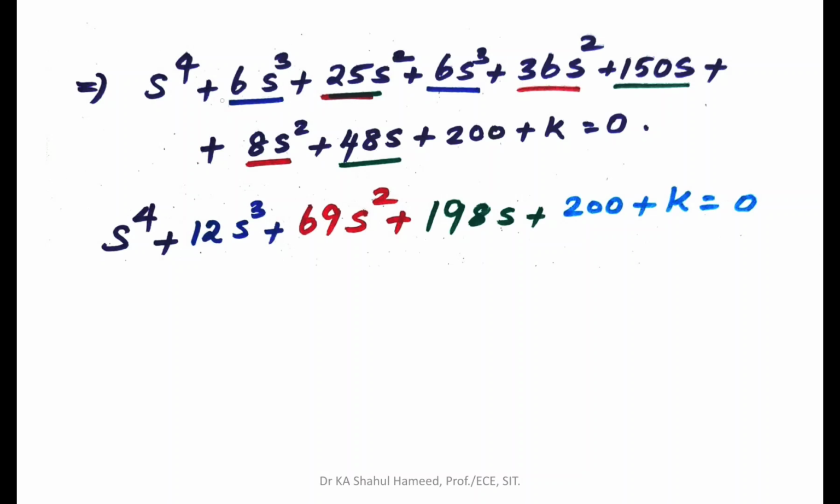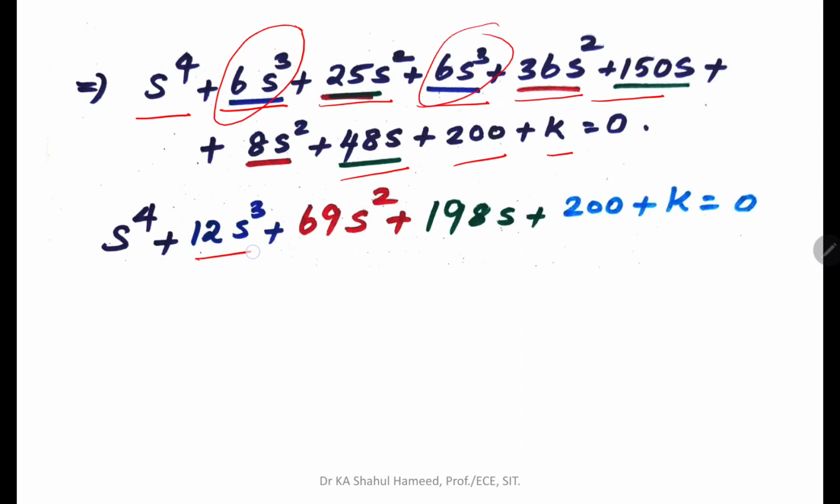When I multiply, I get s power 4 plus 6s cube plus 25s square plus 6s cube plus 36s square plus 150s plus 8s square plus 48s plus 200 plus K is equal to 0. Combining similar powers: 6s cube and 6s cube give 12s cube.